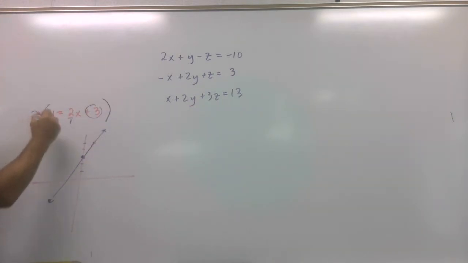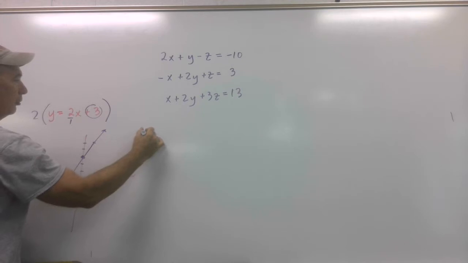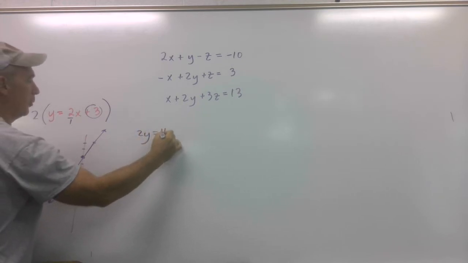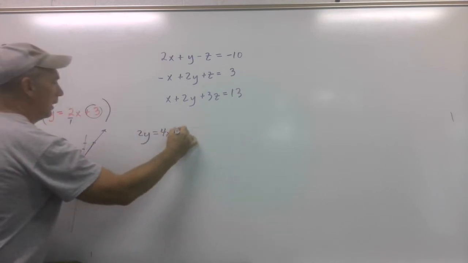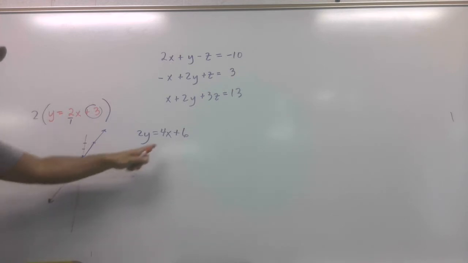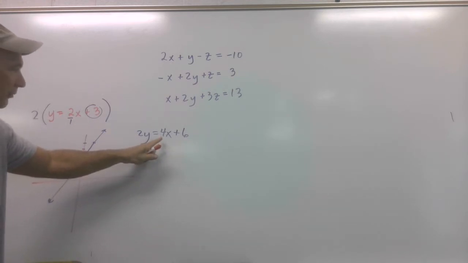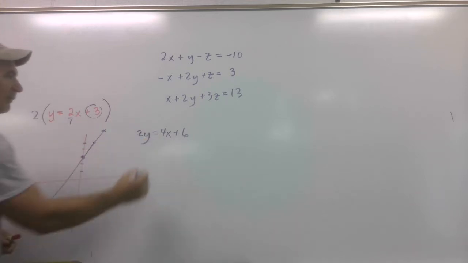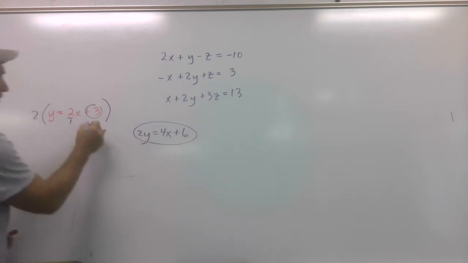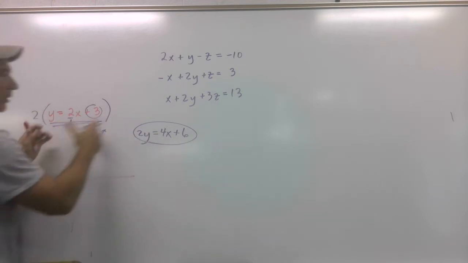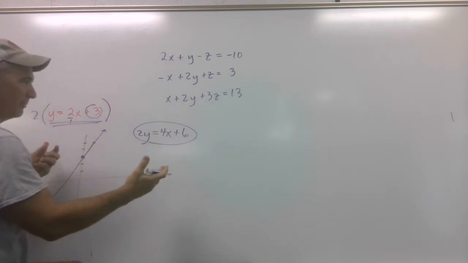If I just multiply this all by 2, I would get 2y equals 4x plus 6. Now the question is, is this a different line? And the answer is no, because all this is, is this equation doubled. Now, what does that mean?